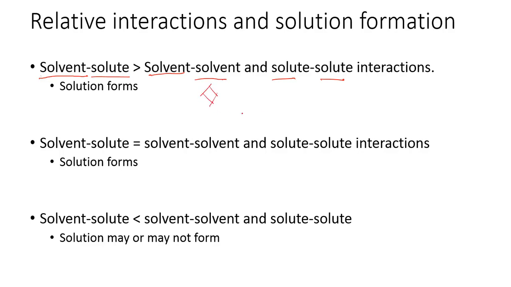So what we are saying is, if we have a solute here and another solute here, and then we have a solvent here and another solvent here, we want these to interact more than these two, because if you are forming a solution, you want this interaction to be stronger.